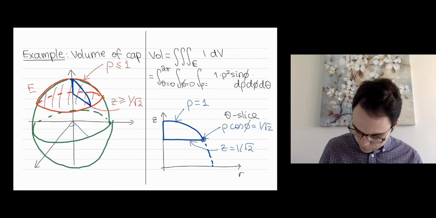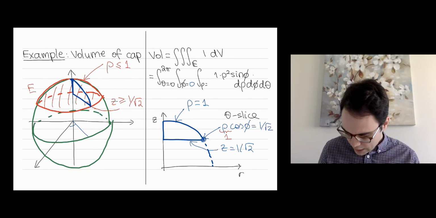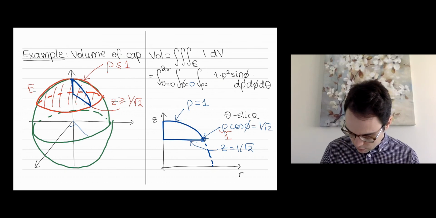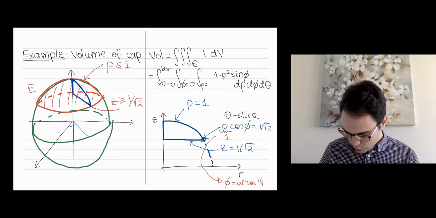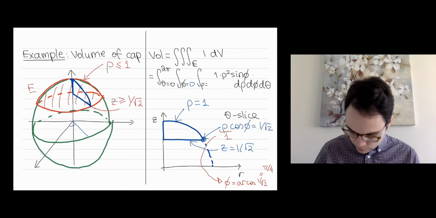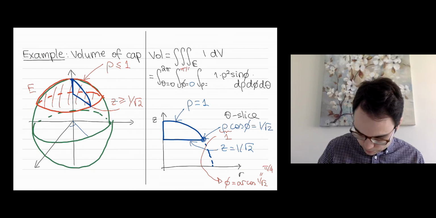So cosine phi is 1 over root 2. That tells me that phi is the arccosine of 1 over root 2, which your calculator will tell you is 45 degrees. That's pi over 4. So the integral in phi goes from 0 to pi over 4.